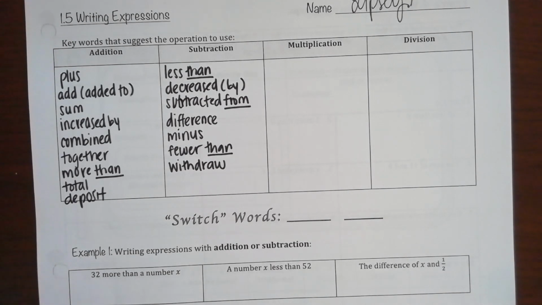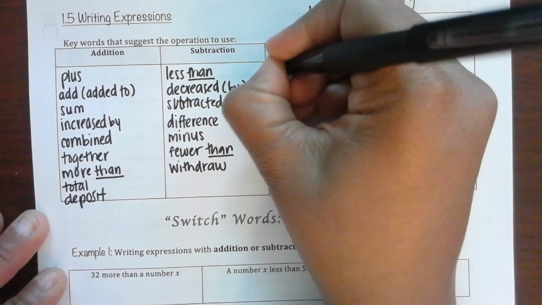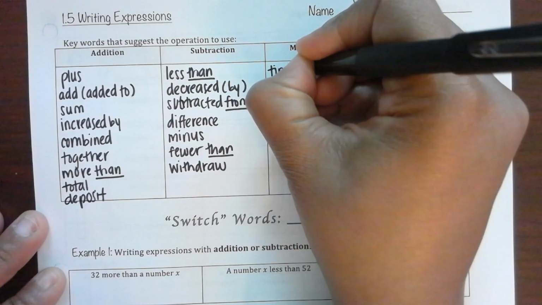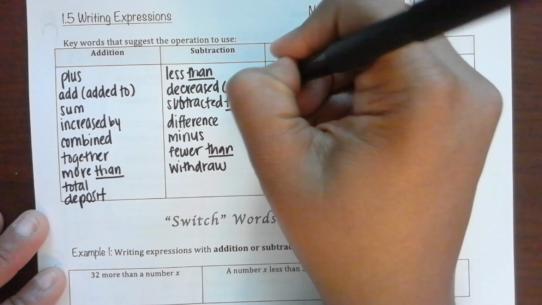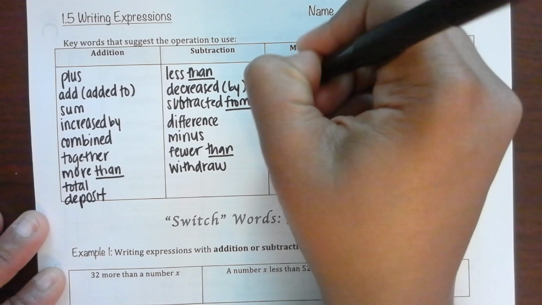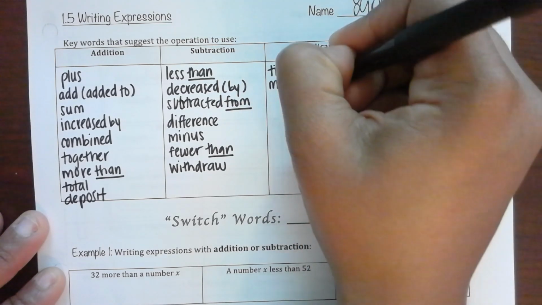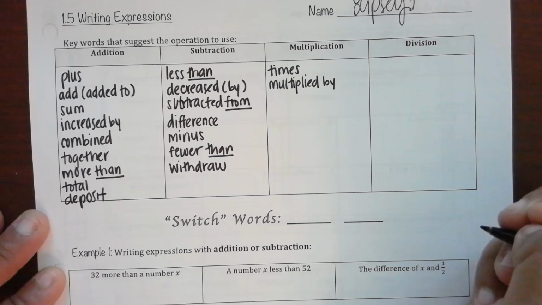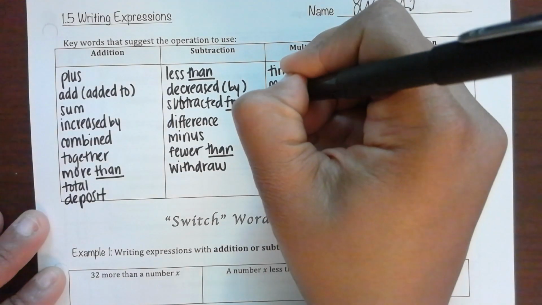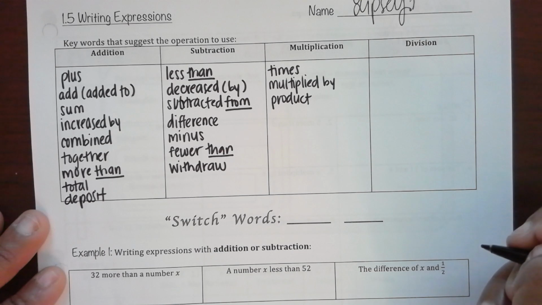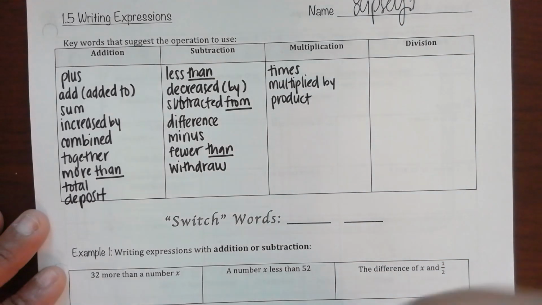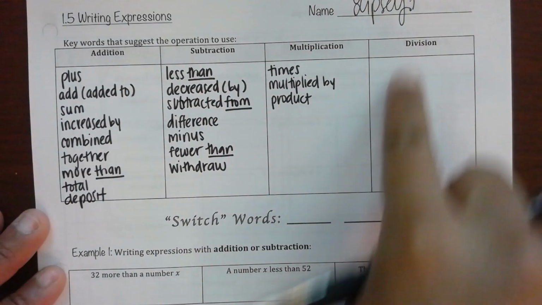What about multiplication? Times. Multiplied by, right? Product. Not division, because that has its own thing, right?